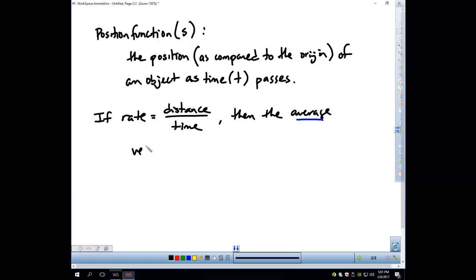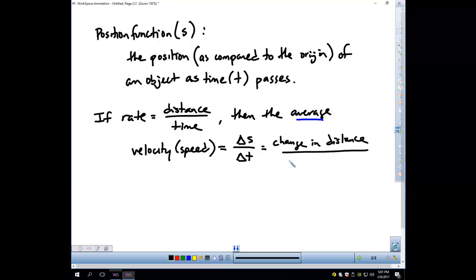We can find the average speed of an object by taking however much distance it travels, denoted by the change in s, divided by how much time has changed, denoted by delta t. However far something has traveled divided by how long it takes to travel that would be your speed.